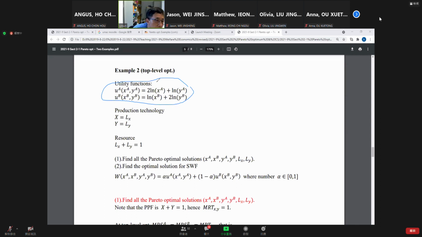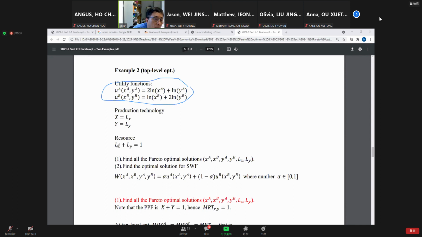And here, for this example, we simplify the story by assuming we have only one kind of resource. We have only labor. We have some, for example, 1,000 or 1 million workers. We normalize the quantity of labor to 1. Suppose we have only 1 unit of labor resource.